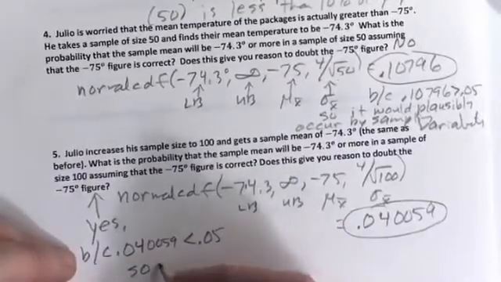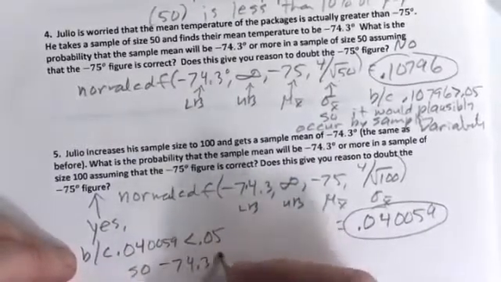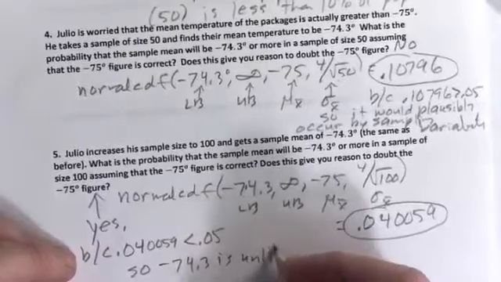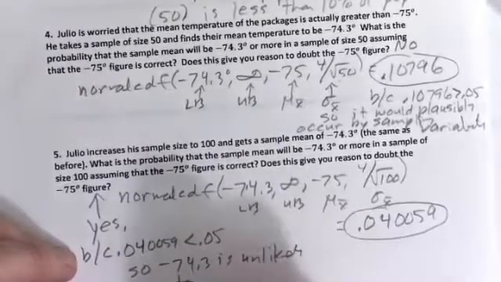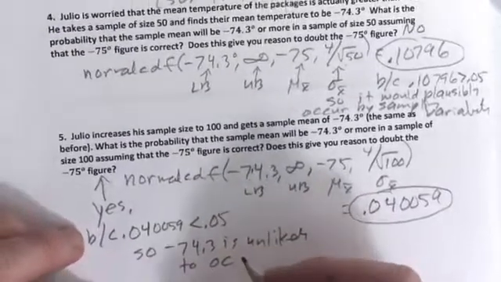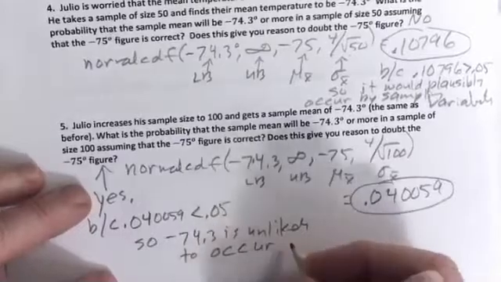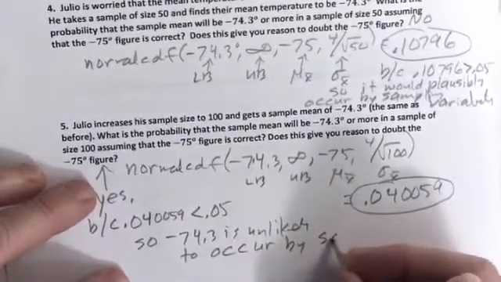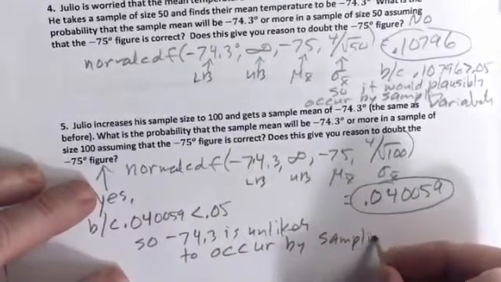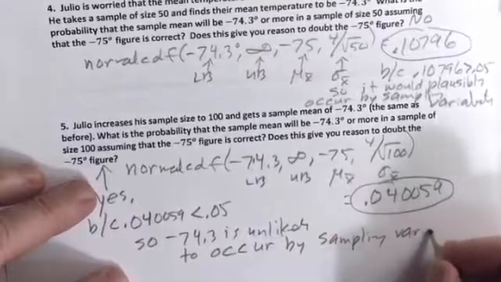So negative 74.3 is unlikely to occur by sampling variability, in other words, just by random chance.